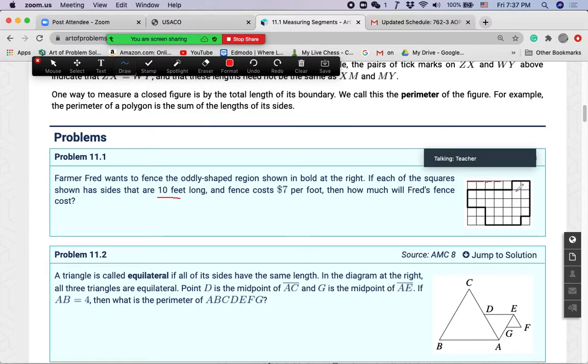Then first, to calculate that cost, you need to calculate the perimeter of this ugly shape. So first, you need to count how many little sides this closed shape has, because each little segment equals 10 feet. So you need to count how many little square segments you have in this ugly shape.